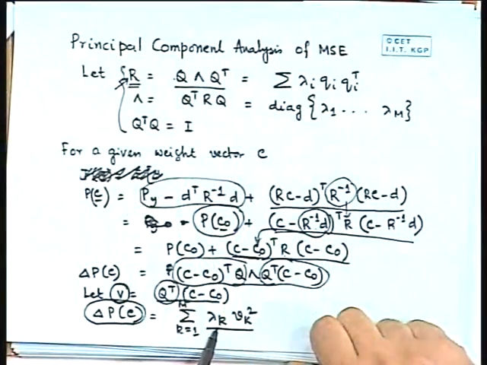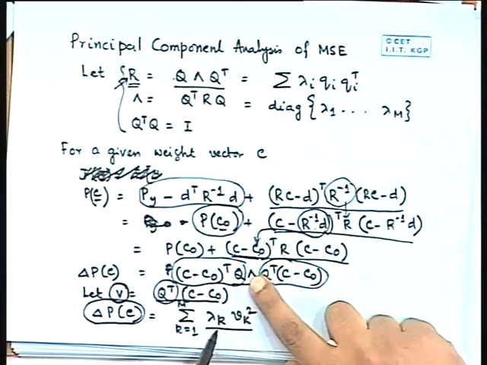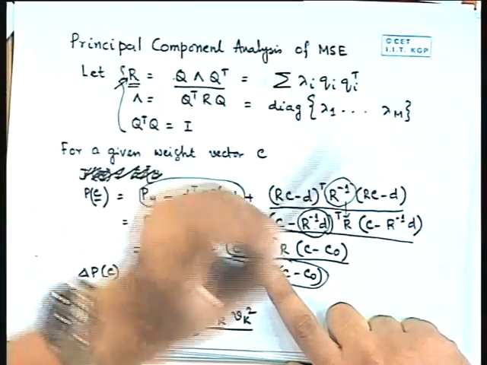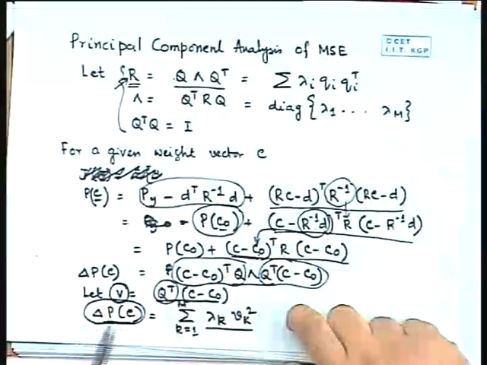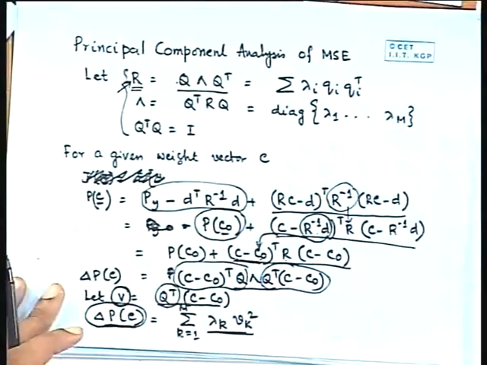So it is nothing but the sum of lambda k Vk square. Lambda k are the eigenvalues of R, so they are the elements of gamma. Elements of gamma are lambda 1, lambda 2, lambda 3, lambda 4 that we have seen.